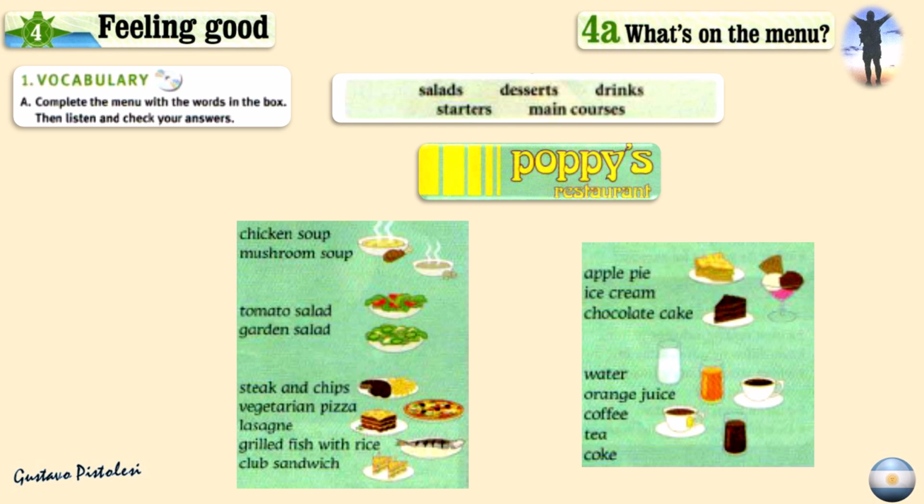Desserts. Apple pie, ice cream, chocolate cake. 5. Drinks. Water, orange juice, coffee, tea, Coke.